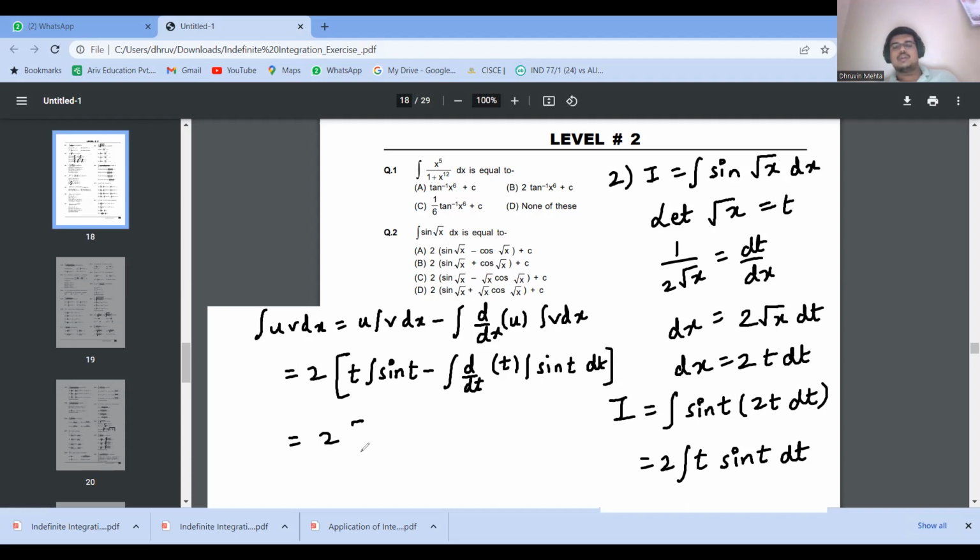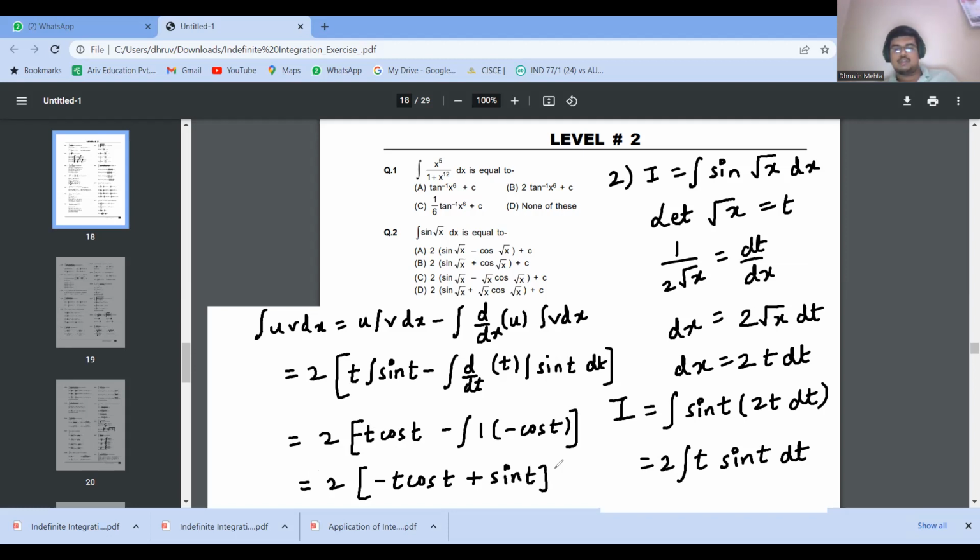Oh, right. Integration sin t is minus cos t. Yes sir, that's what I said. Perfect Arush. Minus t cos t plus sin t.